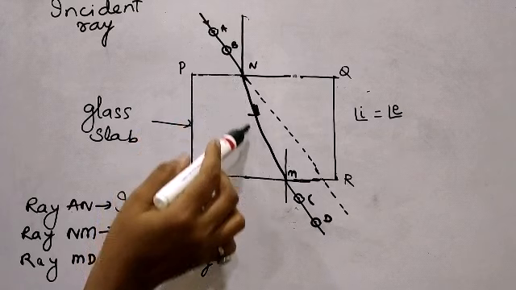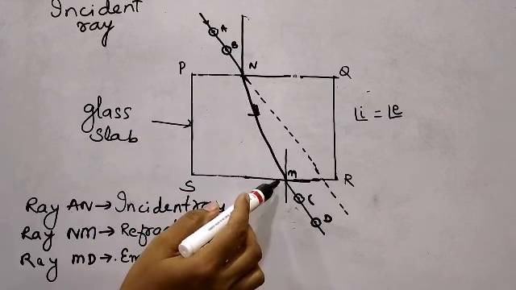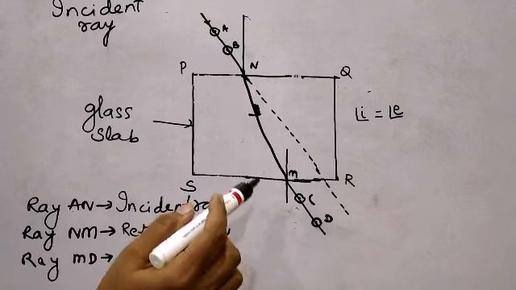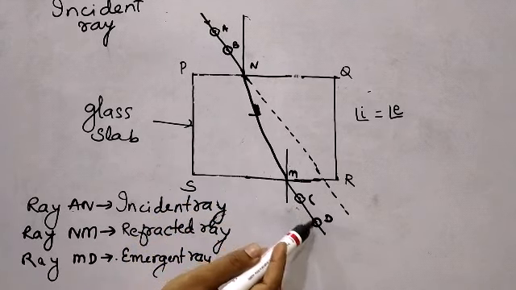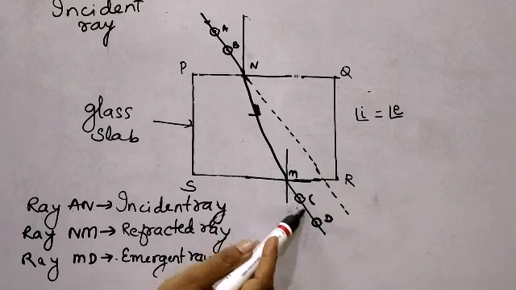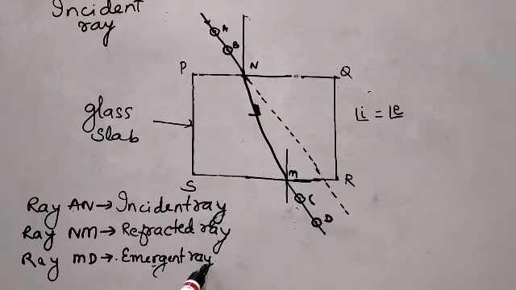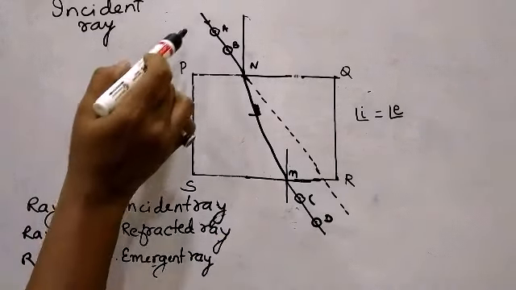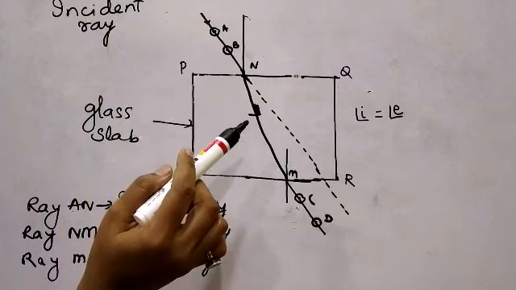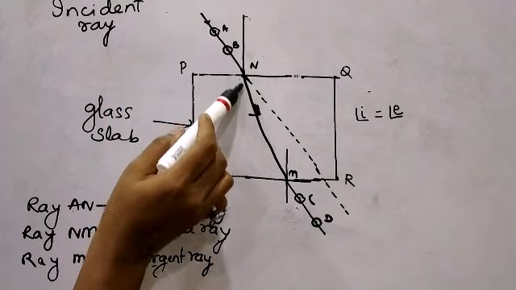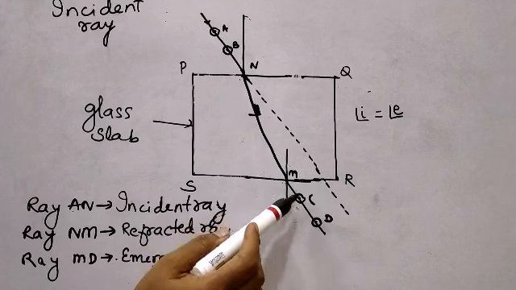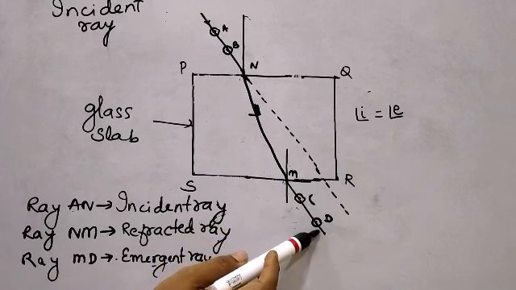Why? Because ray NM has deviated from its path while entering into another optical medium. Whereas the ray of light which emerges out from the glass slab, that is MD, is called the emergent ray. So which is the incident ray? Incident ray is AN, the refracted ray is NM, and the emergent ray is MD.